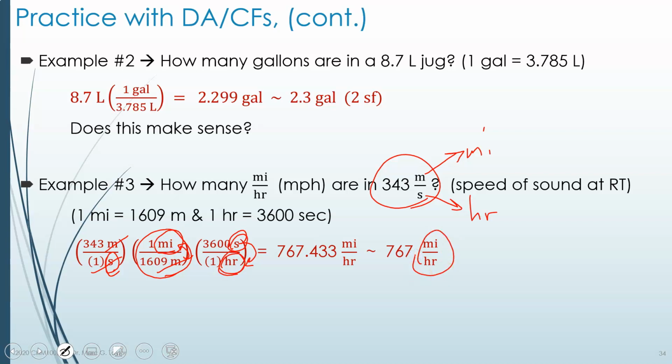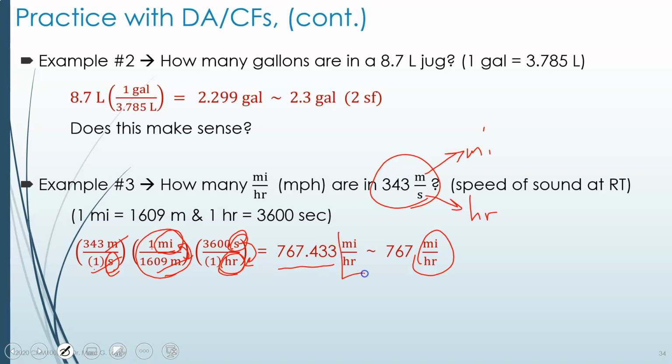And in fact, when you type 343 times 1 times 3600, and then divide that by 1, which you really don't have to do on a calculator, divide it by 1609, and divide it by 1, which again you don't have to do on the calculator, you will get this number here and more digits than that. I only showed you some of the ones that the calculator will show you.